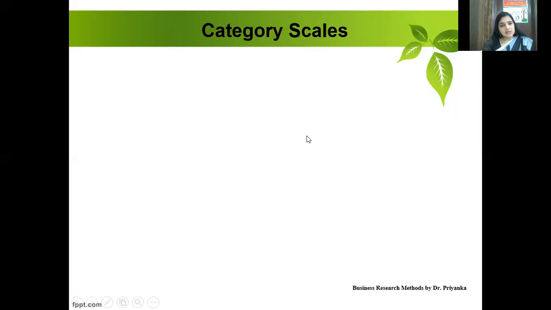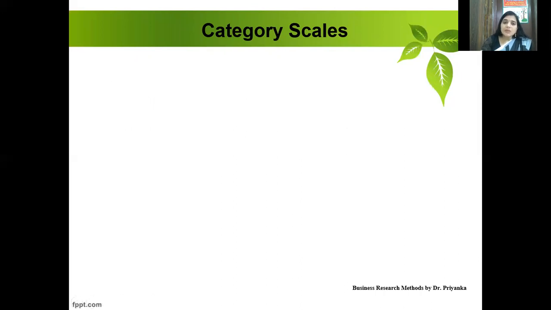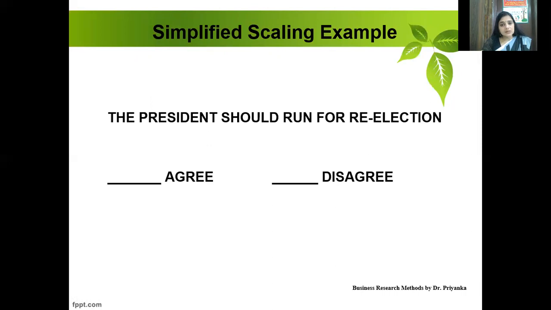Then category scales. You can even define scales categorically. For example, a category scale is a more sensitive measure than a scale having only 2 response categories. It provides more information. In the previous scale, we just had 2 categories, agree or disagree. You can even have an option like can't say.